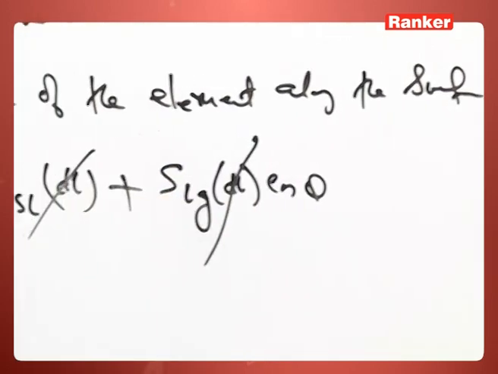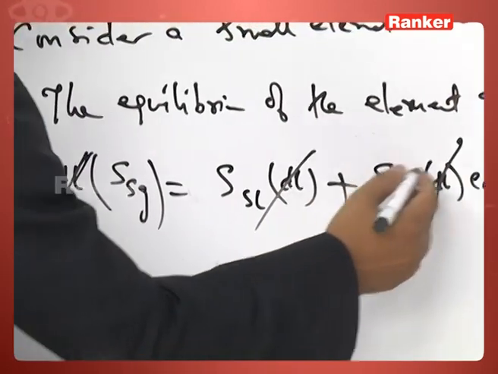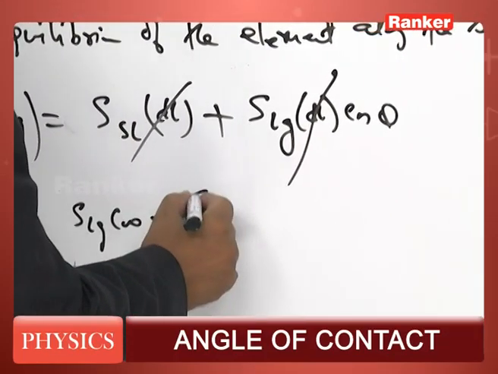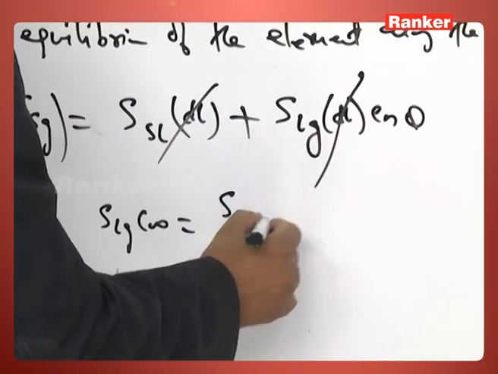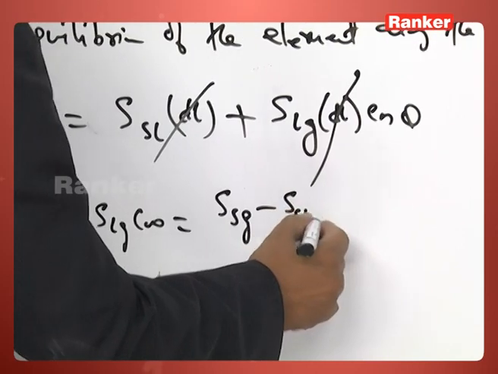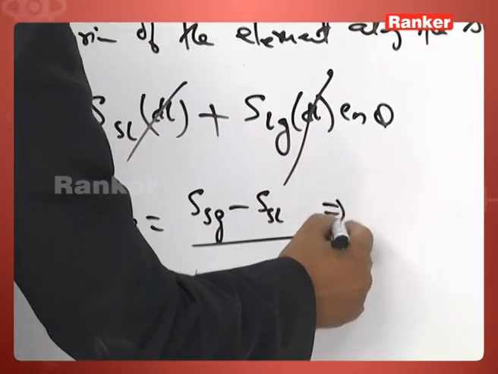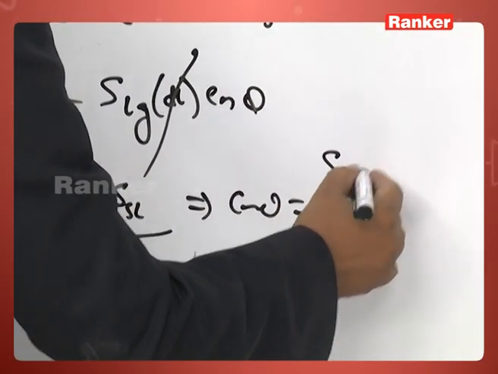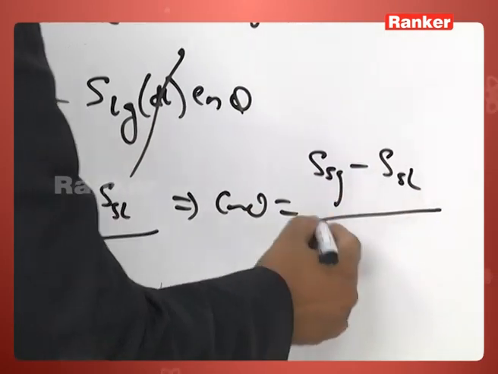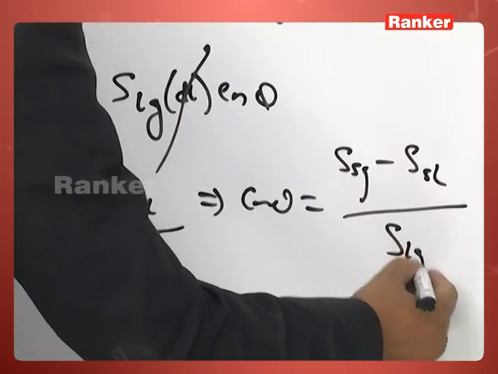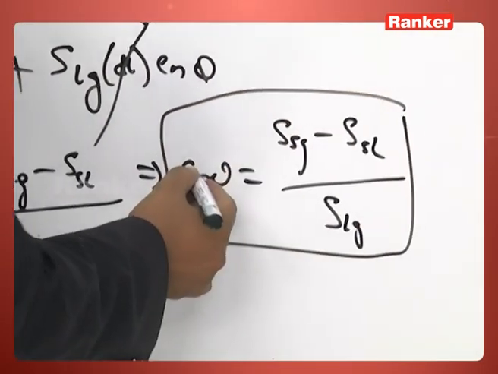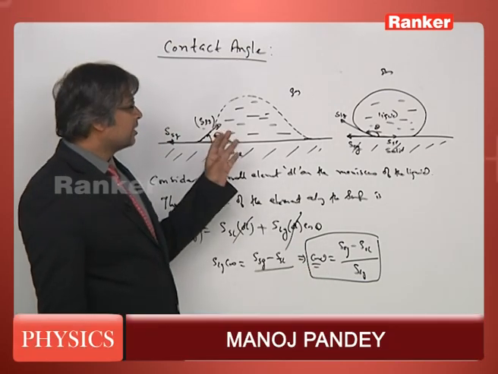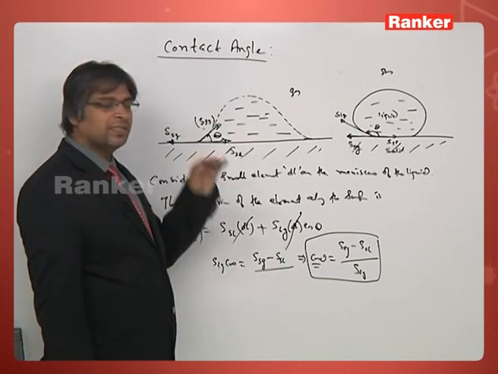So, dl cancels out. So, we have S_LG cos theta equals surface tension of solid with gas minus solid with liquid. This implies cos theta is equal to surface tension of solid-gas minus surface tension of solid-liquid, divided by surface tension of liquid-gas. So, this is how we can define this cos theta, that is the contact angle between a liquid and a solid surface.